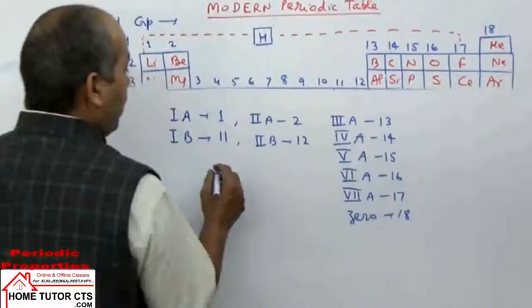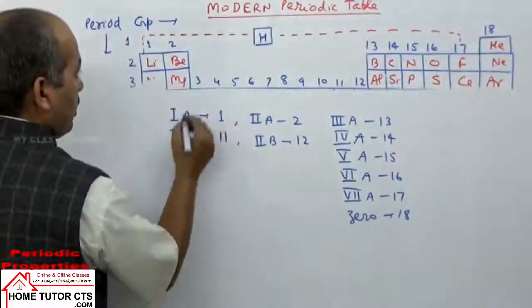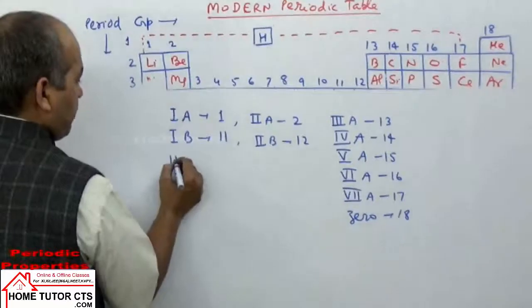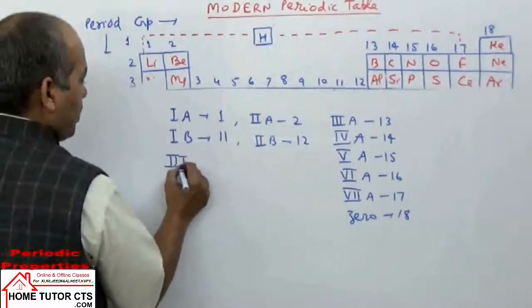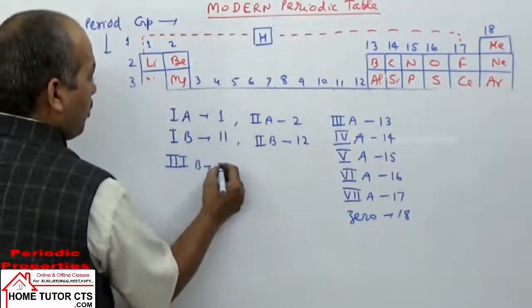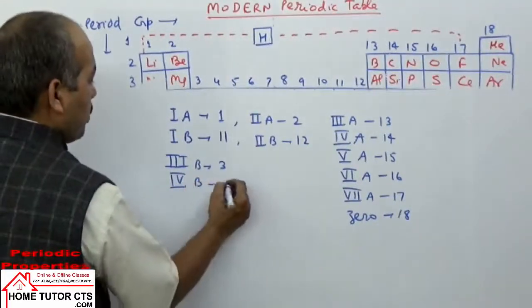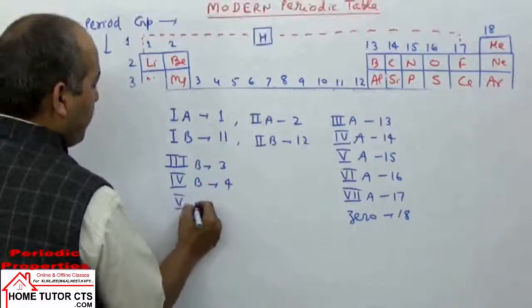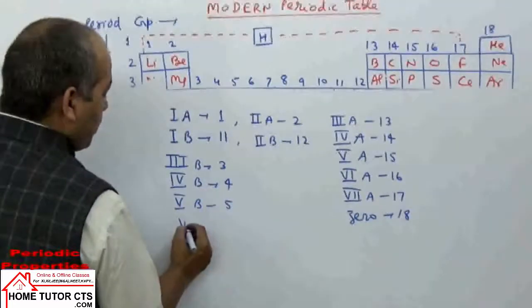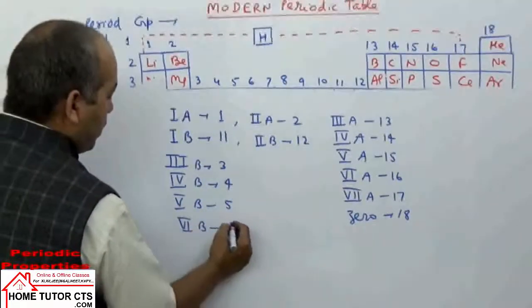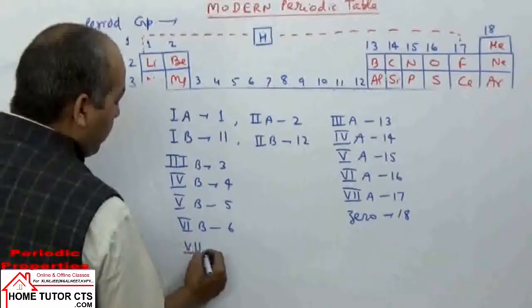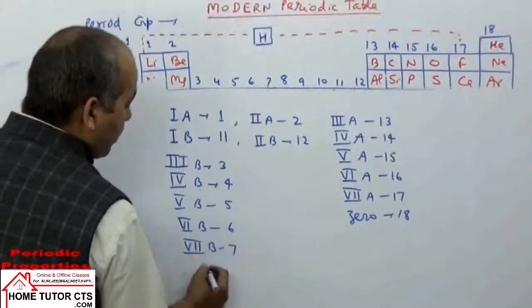Then for subgroup B, 3B is group number 3, 4B is the 4th group, 5B the 5th group, 6B the 6th group, 7B the 7th group.